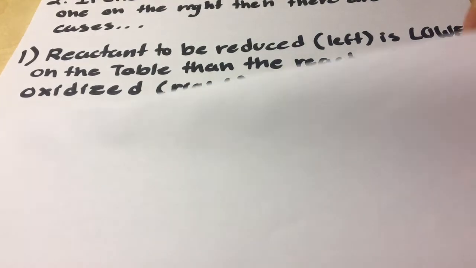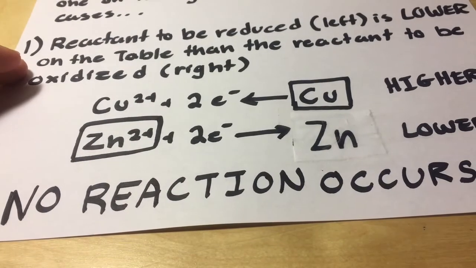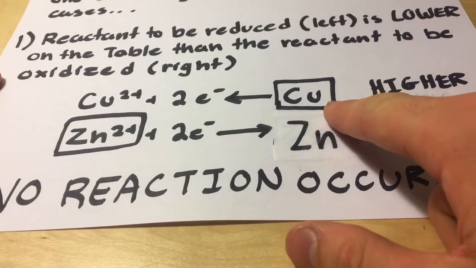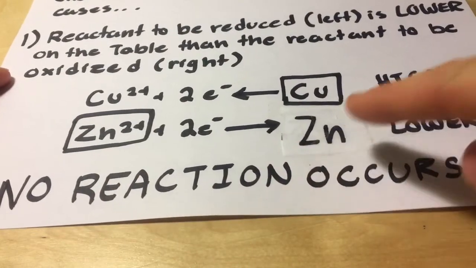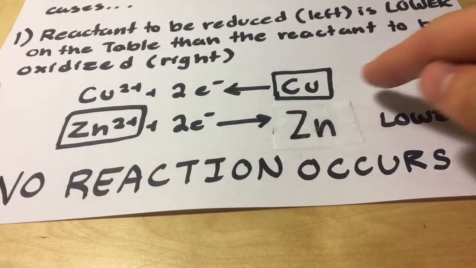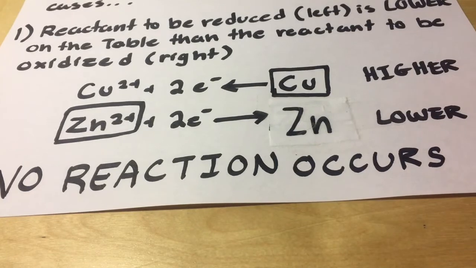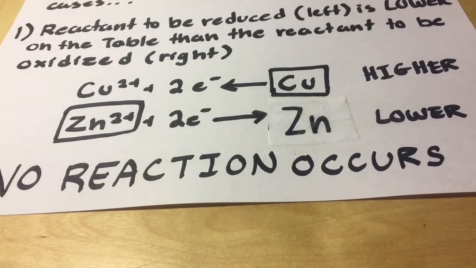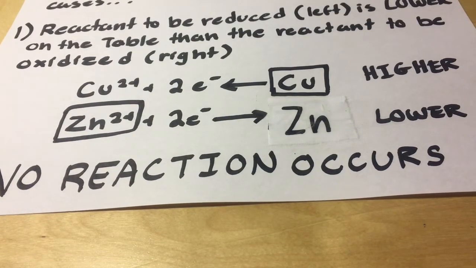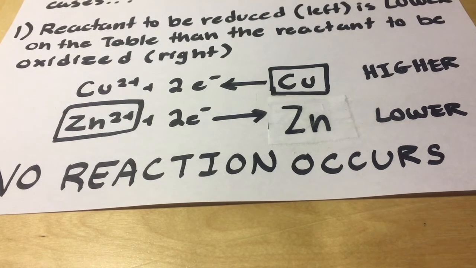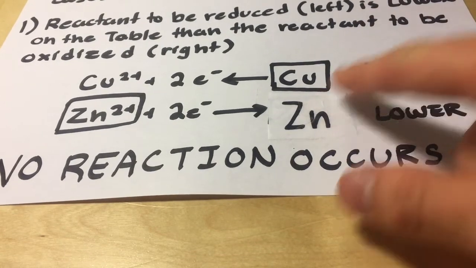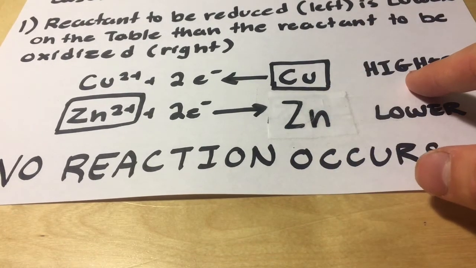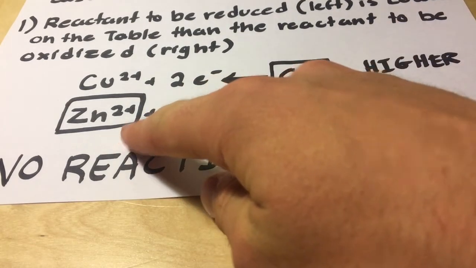Let's look at a visual. Here we have copper being oxidized and zinc being reduced. Because copper is higher on the table, and the table is the table of standard reduction potentials of half cells, and we're just going to refer to that as the table for the rest of this video, copper is higher on the table than zinc, which is lower on the table.